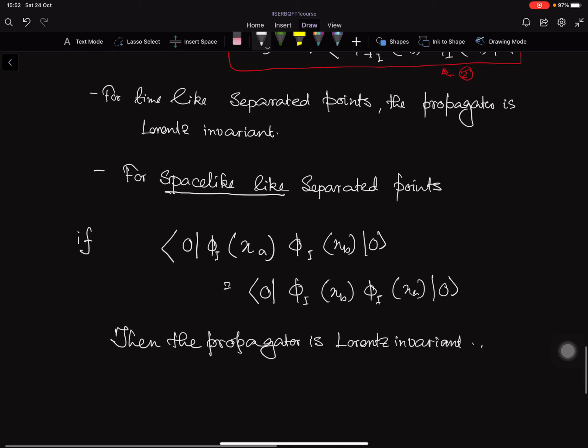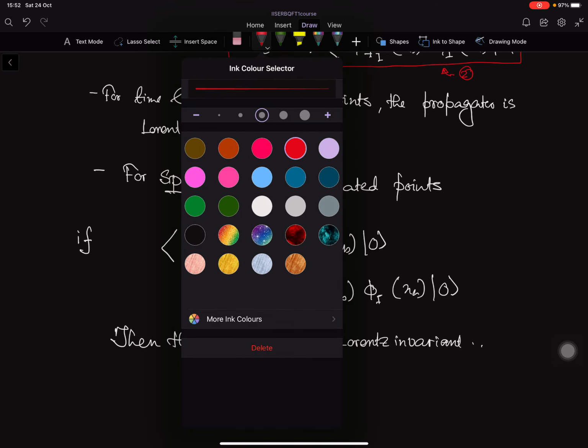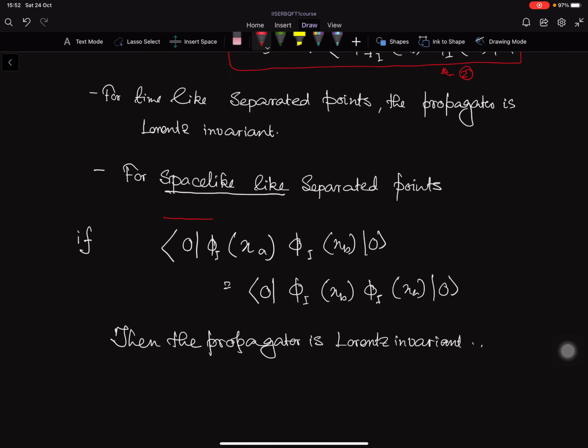Okay, and actually we can check Peskin and Schroeder, where the computation is given. For space-like separated points, this is indeed true, and that's why the Feynman propagator is Lorentz invariant.